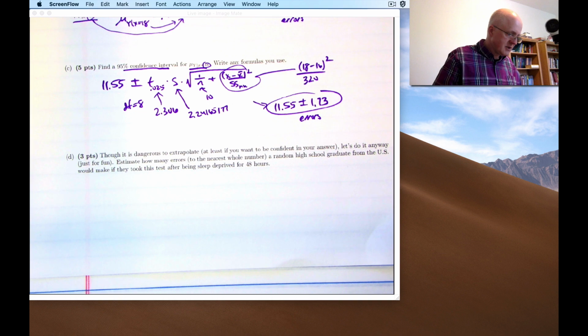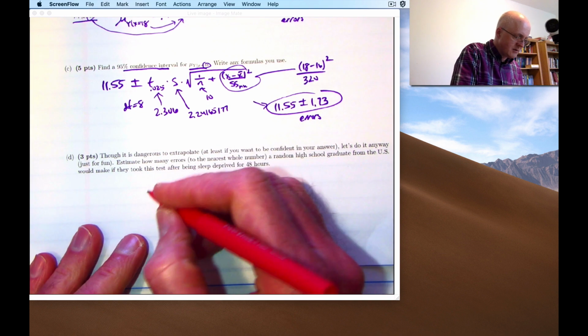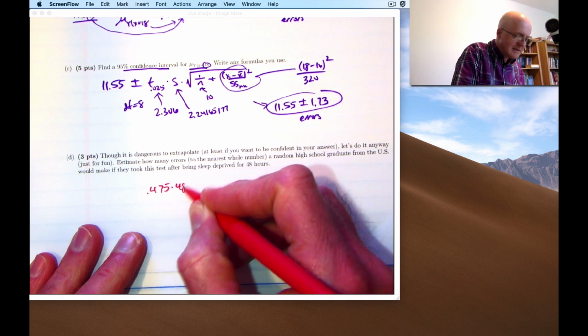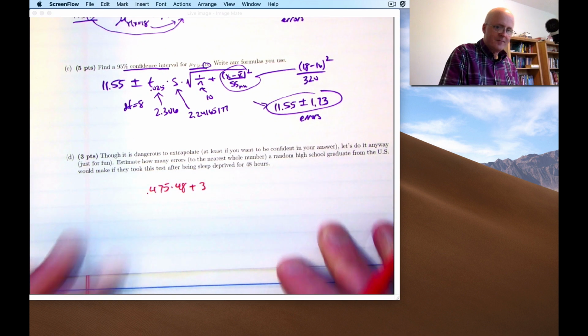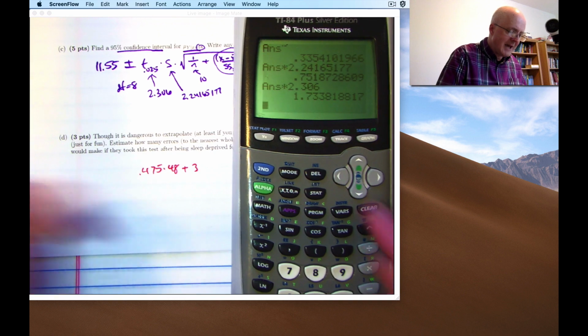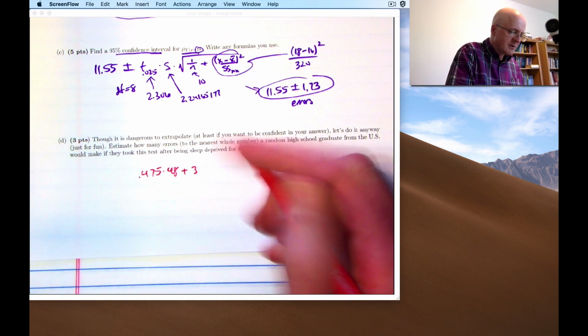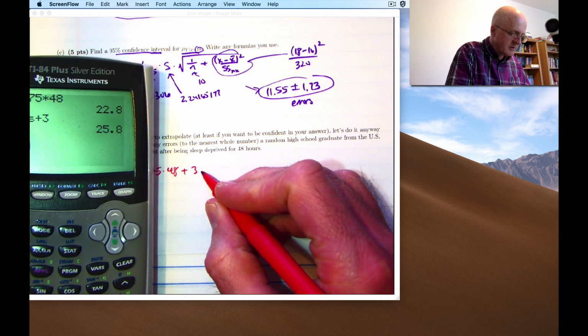But anyway, the calculation would be 0.475 times 48 plus 3. The model may not really be valid anymore, but we're doing it for fun. 0.475 times 48 plus 3. We'd estimate they'd make, to the nearest whole number, about 26 errors.